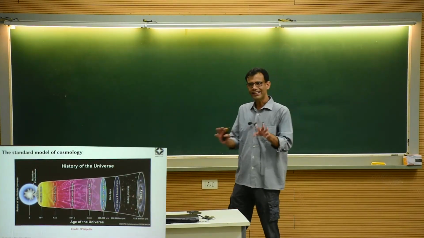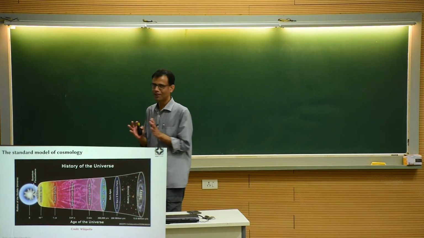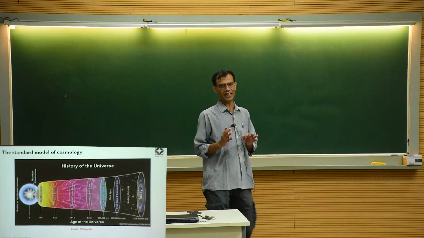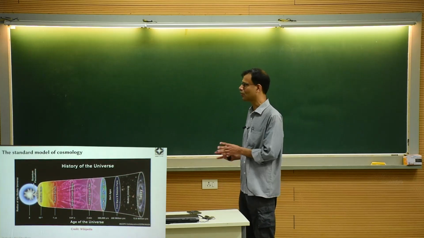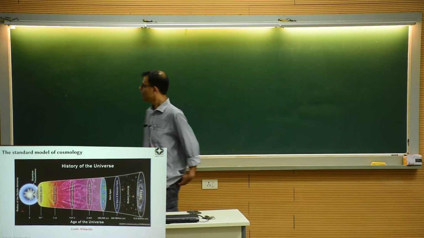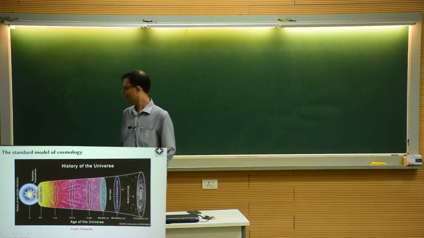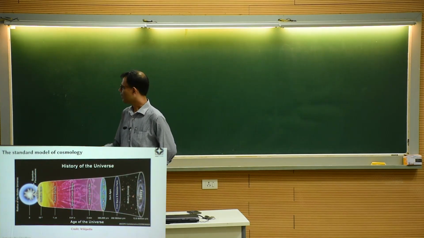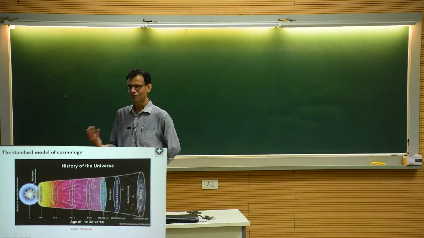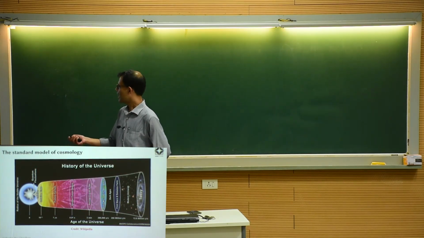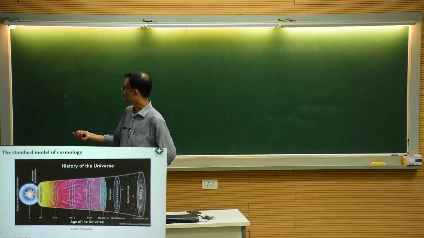Now with all these things, we have a model of cosmology which we can call the standard model of cosmology or the concordance model of cosmology. Just to summarize what we were talking about till now: there was a Big Bang, then the universe expands. Initially there is a phase of inflation which I did not talk about, and then as the universe expands it cools.